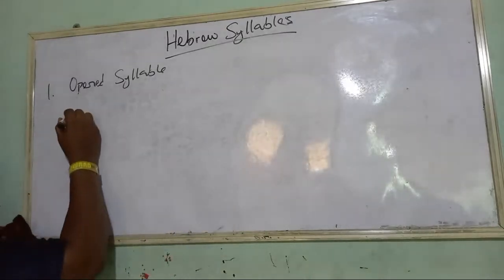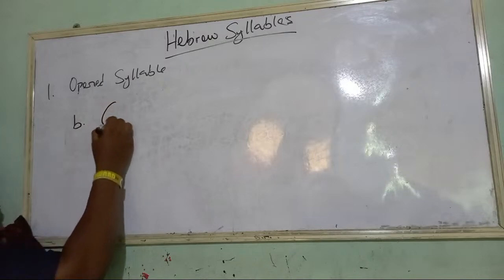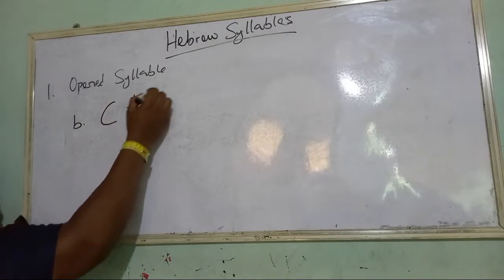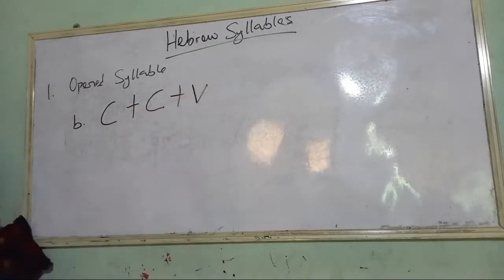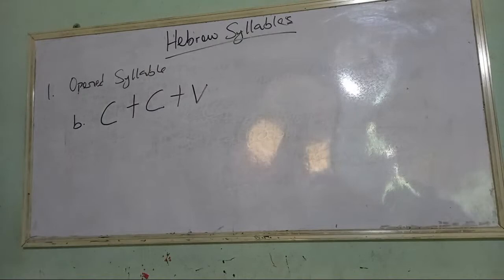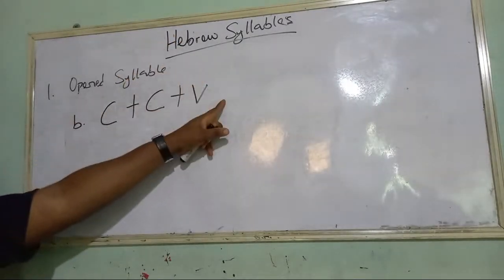The second pattern of an open syllable is consonant plus consonant plus vowel.